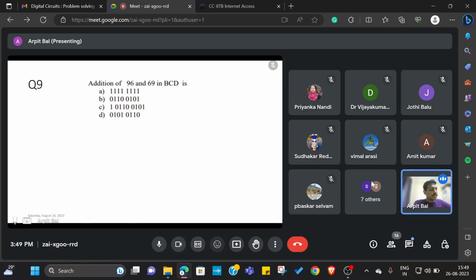In the next question, what we need to do is perform addition of two given numbers in BCD. Okay, let me explain what BCD is. You must have observed, like we have on any board or something, something like this, right?